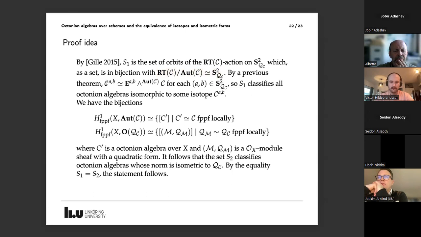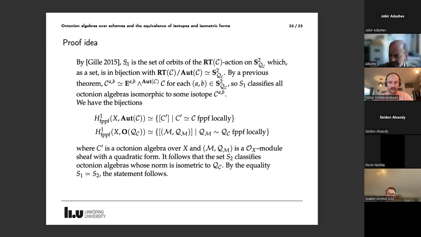And we also showed that the twisted Octonion algebra is isomorphic to an isotope of the Octonion algebra. So again, we have a bijection to the isomorphism classes of our isotopes of the Octonion algebra.